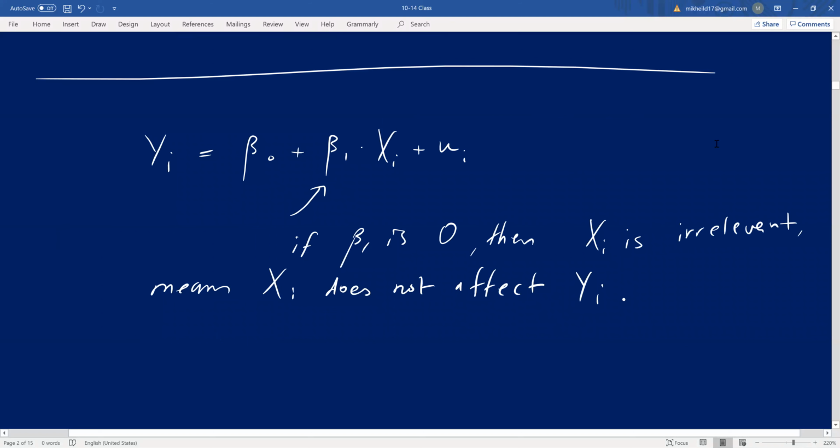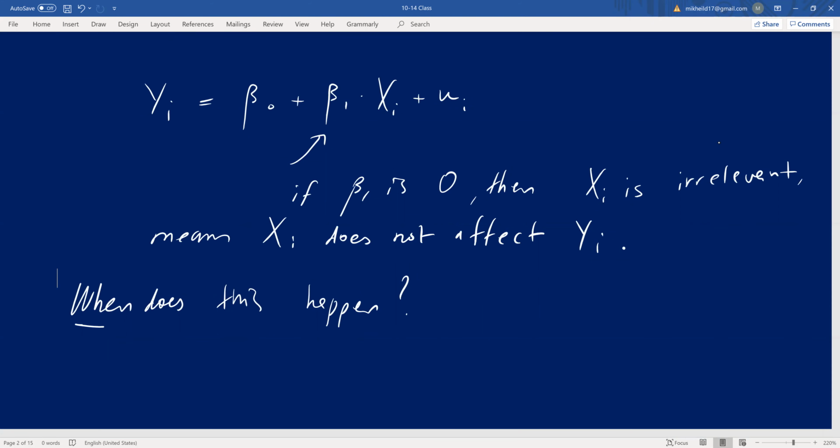So when does this happen? When both variables are independent.